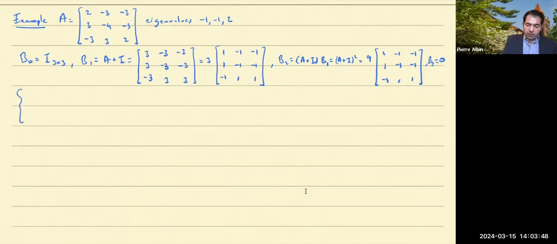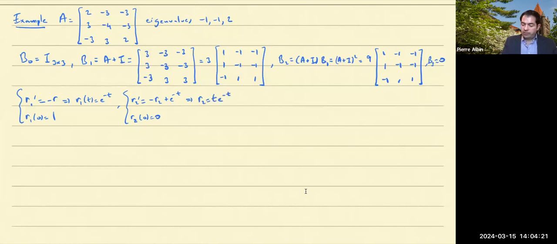Okay, so now our coefficient functions, R1 prime would be equal to minus R1 with initial condition 1, which makes it e to the minus t. R2 prime would be equal to minus R2 plus e to the minus t with initial condition 0. So you can compute that t e to the minus t solves that equation.